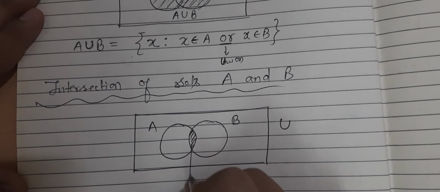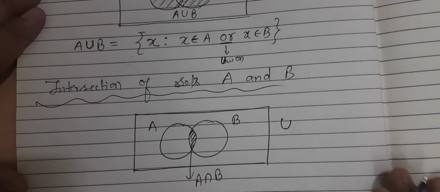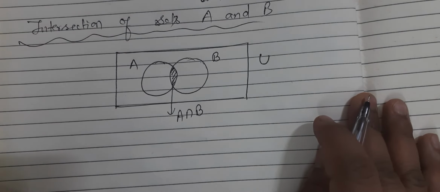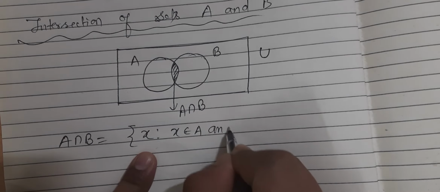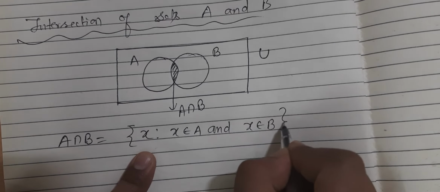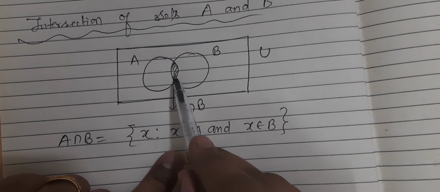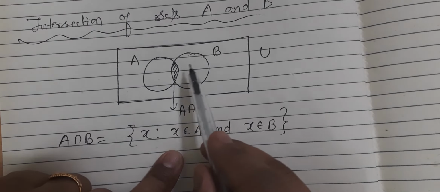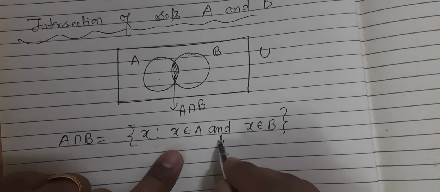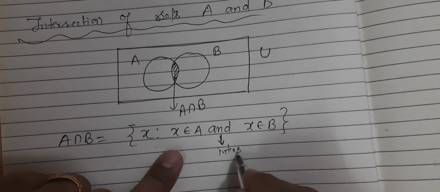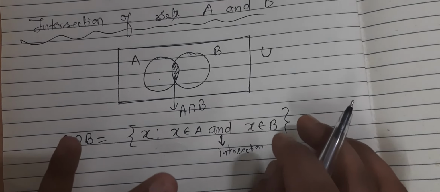This shaded portion represents A intersection B. And how to write it symbolically? A intersection B is the set of all x such that x belongs to A and x belongs to B. It means this x is an element of set A and also an element of set B. That is why we are writing 'and'. So whenever you find 'and', it means we are talking about intersection.